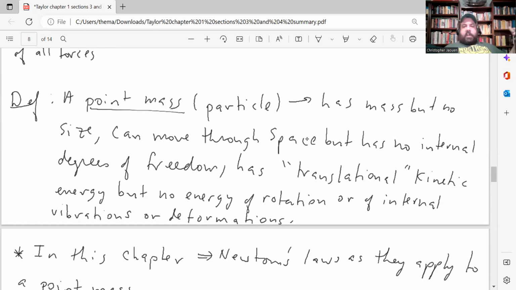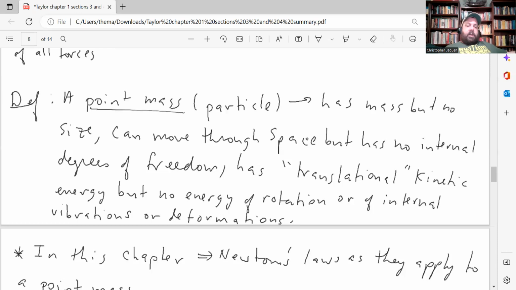So this is sort of like a theoretical fiction. It's something that makes thinking about things easier and writing formulas down easier. So a point mass has mass but no size, can move through space but has no internal degrees of freedom, has translational kinetic energy but no energy of rotation or of internal vibrations or deformations.